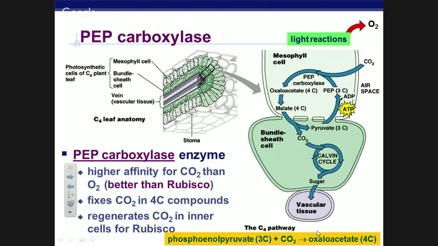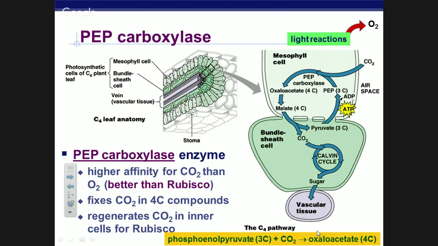But these don't immediately go into the Calvin cycle, right? If the stomata close, oxygen will build up, but it'll build up in this cell, not down here. The Calvin cycle is actually down here. These 4-carbon compounds will then diffuse through plasmodesmata, remember that? They diffuse into the bundle sheath cell, and an enzyme will take off the CO2, which makes pyruvate.